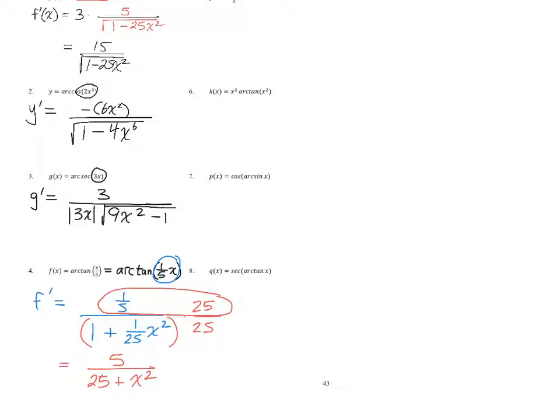So not much in the way of housekeeping, but now I know that if I see the sum of squares in the bottom of a fraction, there's a pretty good chance it's going to be an arctangent. That's the antiderivative. Guess and check is not encouraged for this particular unit, but if you start recognizing similarities among different types of derivatives, and you start recognizing what their antiderivatives will look like.